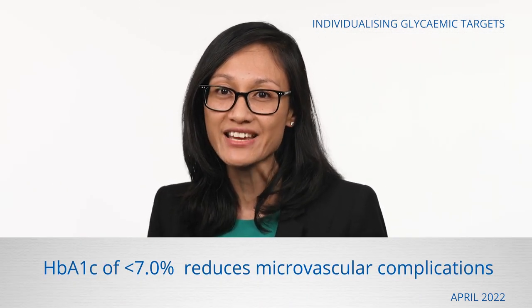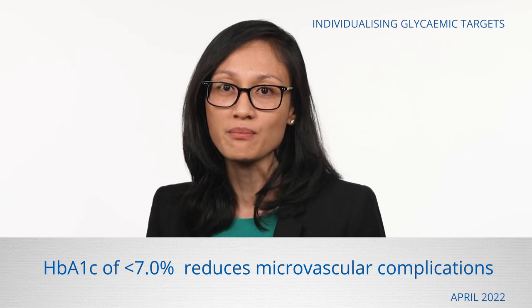Studies have shown that an HbA1c of less than 7% reduces microvascular complications, especially when instituted early in the course of the disease. Aiming for an HbA1c of less than 7% is recommended in non-pregnant adults with absent or minimal established complications and who have a low risk of significant hypoglycemia.